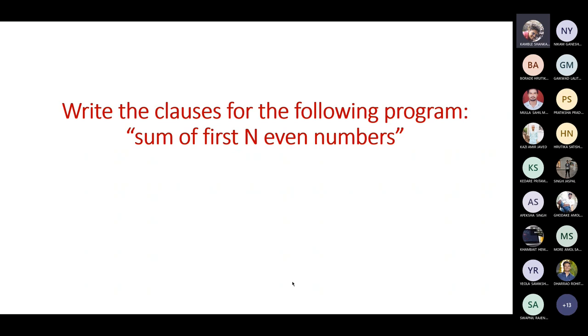Pankaj Raut, can you just simplify it? Your first clause is correct. The second clause says sum of n when n mod 2 is 0. So is it necessary to give a guard here? Without the guard, can you simplify it further? Because we are just checking for an even number. Is it necessary to give a guard?